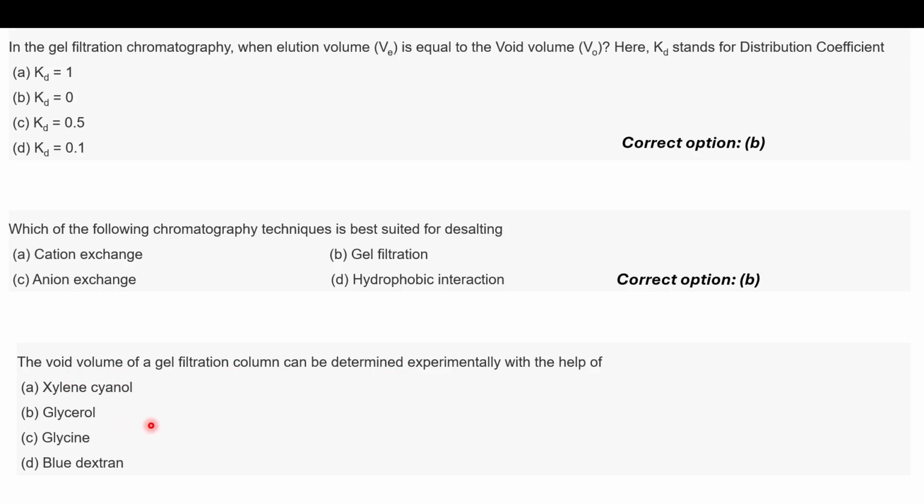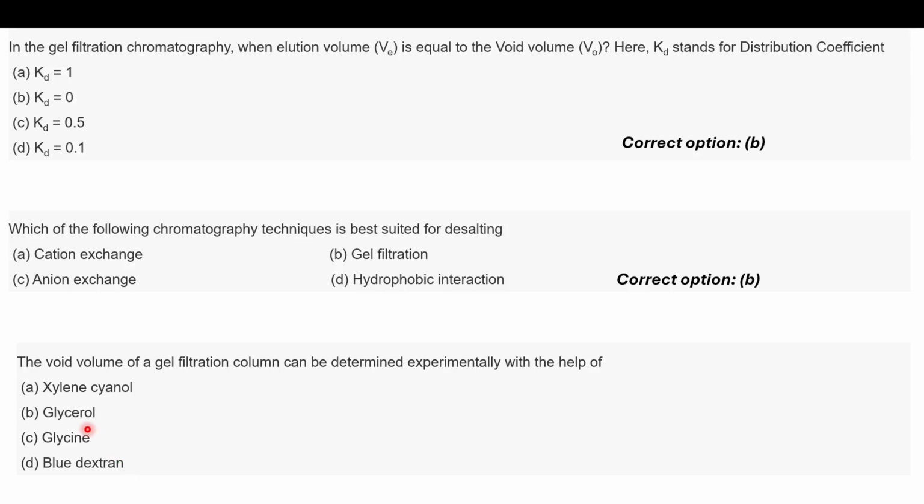You use really large molecules or substrate that won't enter the matrix and will come out directly without getting inside the pores. The volume where these larger particles come out gives an idea of the void volume of the particular resin in question. From the chromatogram only we will be able to make this out.